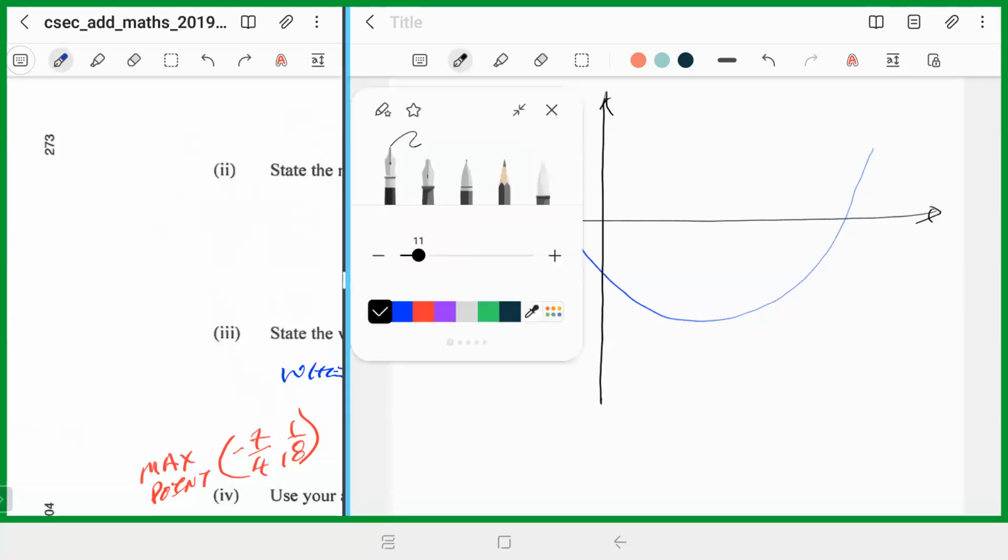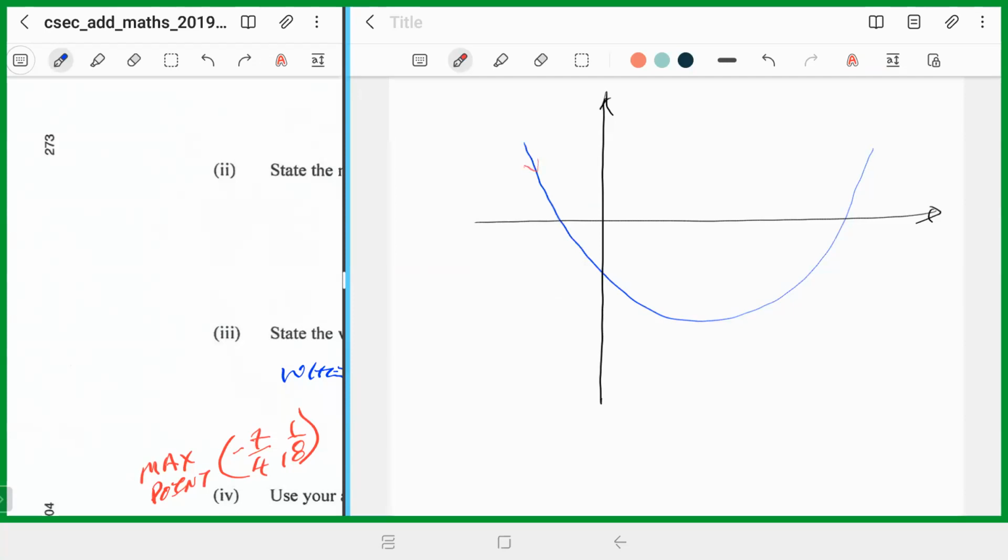Going from left to right means your x value is always increasing, and you want to see what is happening to your y value as your x values increase. So you go from left to right along the graph. Your y values are initially coming down, and they come down to this minimum, this lowest y value. Then your y values start to increase again.